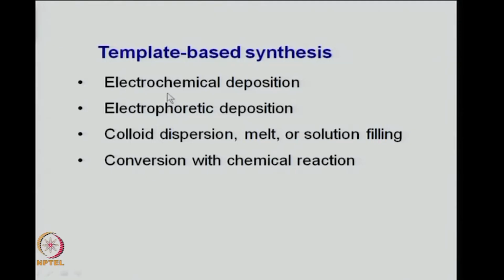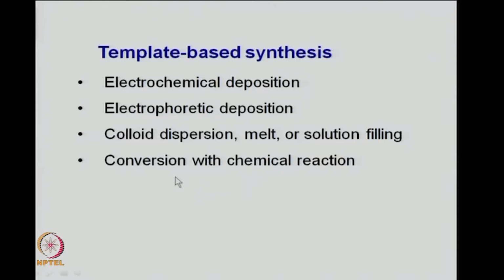Then apart from electrochemical and electrophoretic deposition methods, you can also look at other methods like the colloidal dispersion within the template, or melts within a template, or solutions which fill the template. This can also be through a vapor method. Here most of the things we have mentioned are through a solution or a liquid method by which we fill the template and create nanostructures.